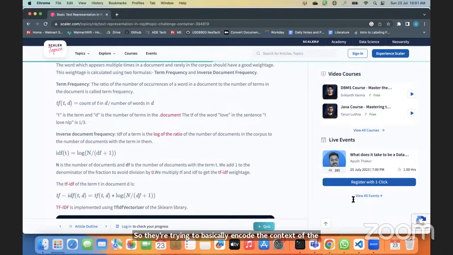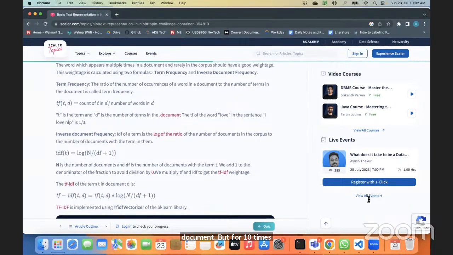So let's say we have 10 documents and one word occurs in all of them, 5 times each, and one word occurs in only one document, but 10 times.